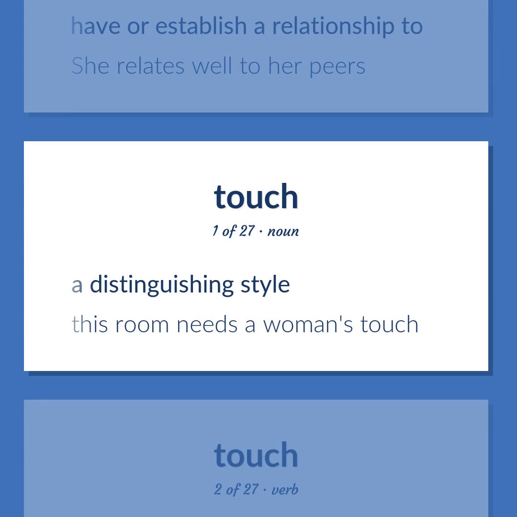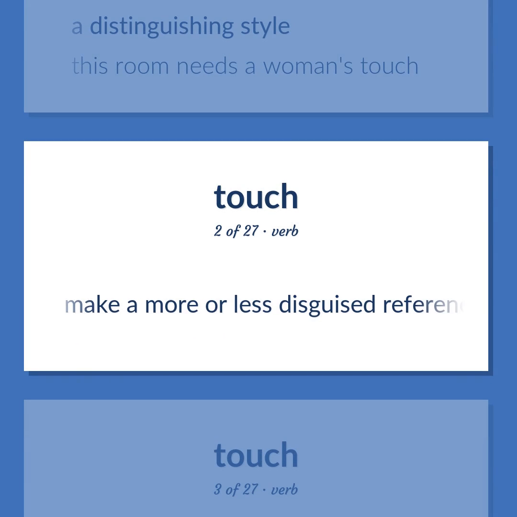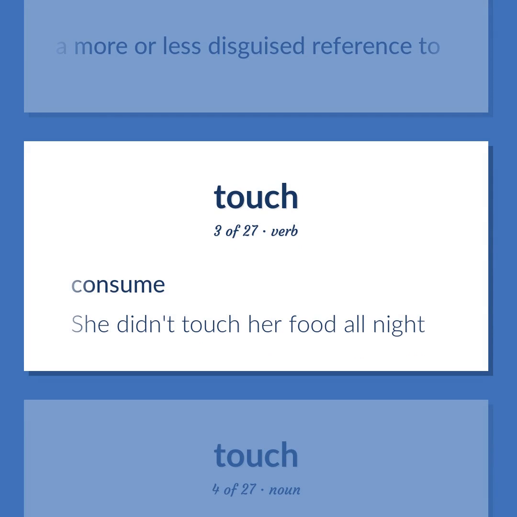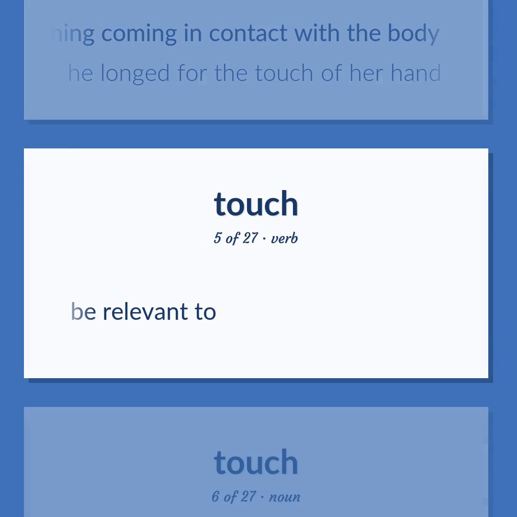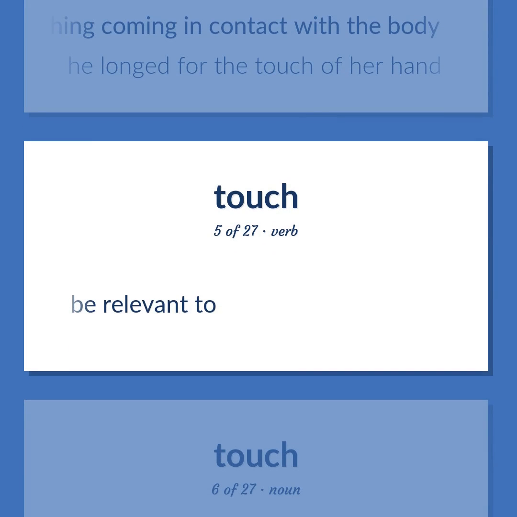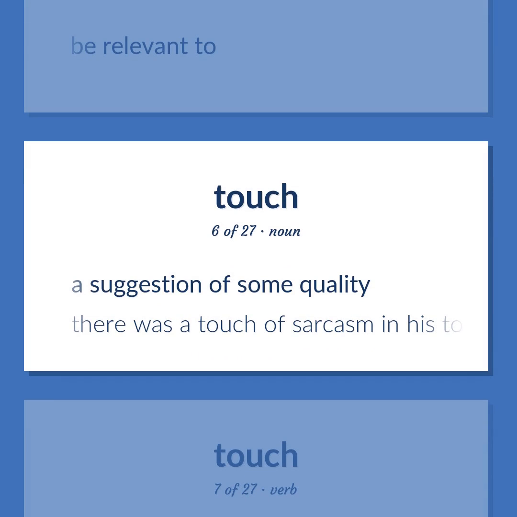A distinguishing style. This room needs a woman's touch. Make a more or less disguised reference to. Consume. She didn't touch her food all night. The event of something coming in contact with the body. He longed for the touch of her hand. Be relevant to. A suggestion of some quality.